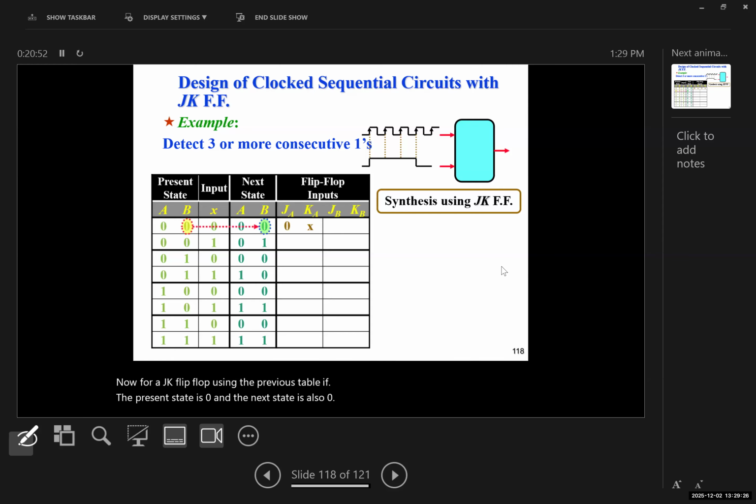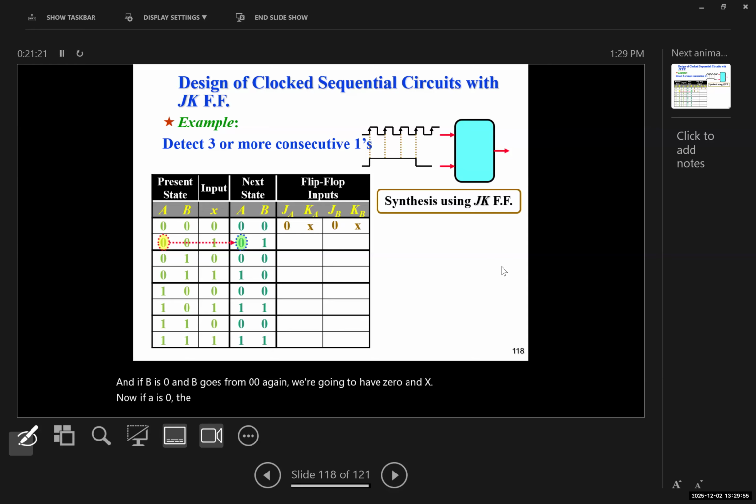Again, if we go back to that table, I can't put it side by side, but you can go back and look at it on your notes. And if B is 0 and B goes from 0 to 0, again, we're going to have 0 and X. Now, if A is 0, the next state is also 0.